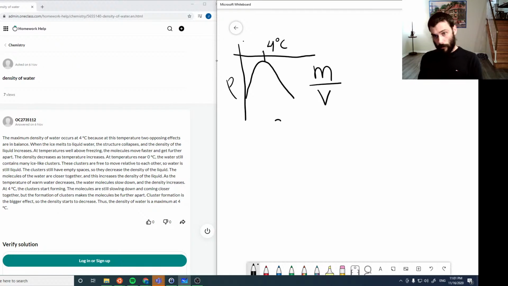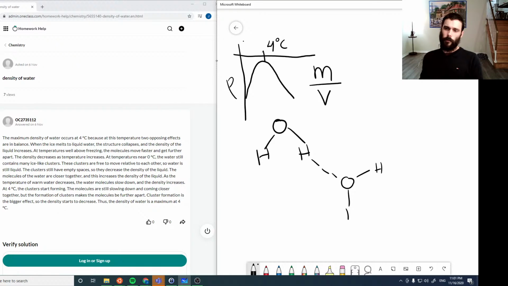So water looks like this, and of course what it wants to do is hydrogen bond to other water molecules and kind of fit into this ice shape that some of us might be familiar with. But at the same time, everything is moving around, so that would be temperature, right?